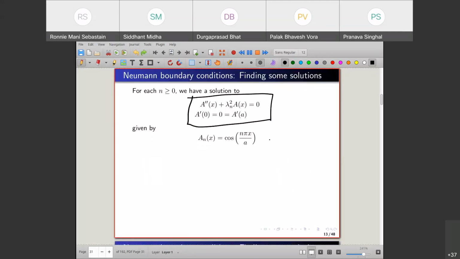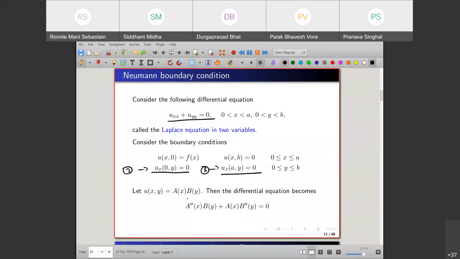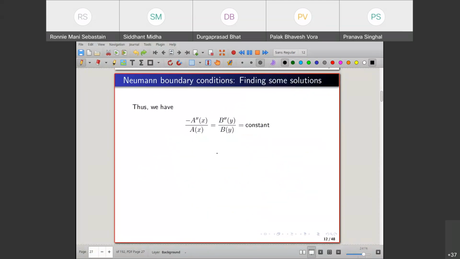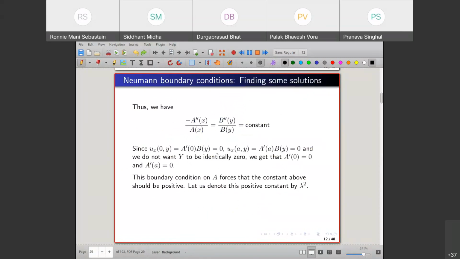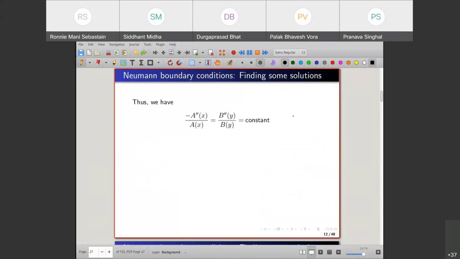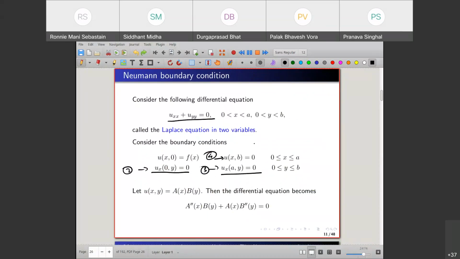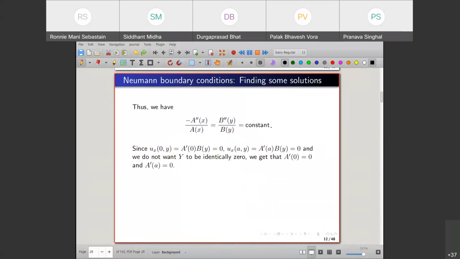Once we do this, then we look at this and we bring in this condition. For each lambda n, this is equal to lambda n square. So this plus this fourth condition will tell us that b is not 0, because we don't want this to be identically 0.